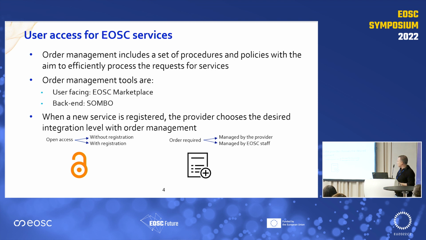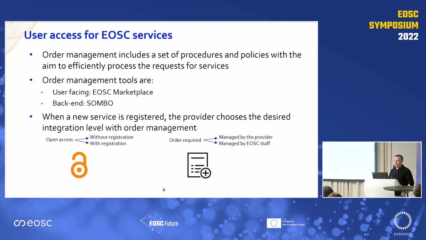When a service is registered, the onboarded provider has to choose between different types to which the service belongs. One is open access, so that users can access the service without any ordering.